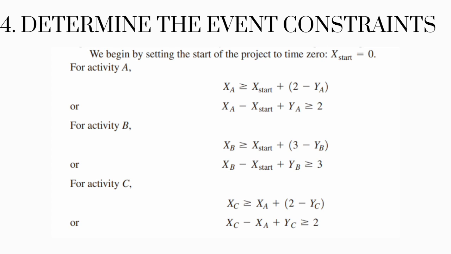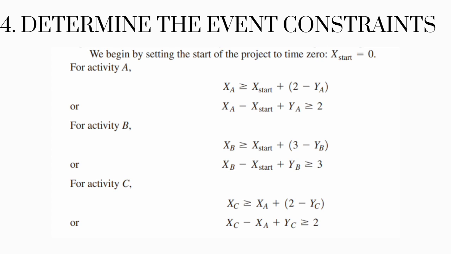The same should be done for the following activities. So x sub B is greater than or equal to x sub start plus 3 minus y sub B. This would give us x sub B minus x sub start plus y sub B is greater than or equal to 3. This is because both activity A and activity B are preceded by the starting time.